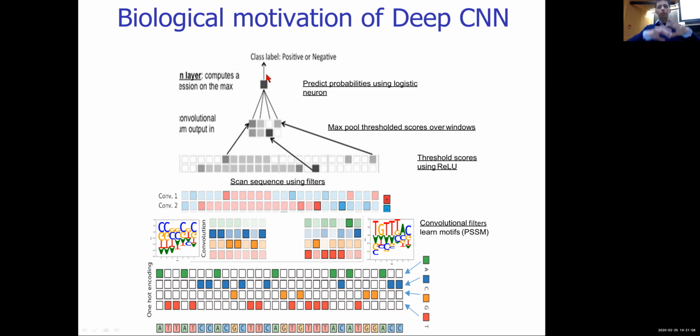So now, putting it all together, I could have all of these bound regions have a class label of bound, and all of these unbound regions have a class label of unbound. And I'm trying to learn how to classify bound from unbound.